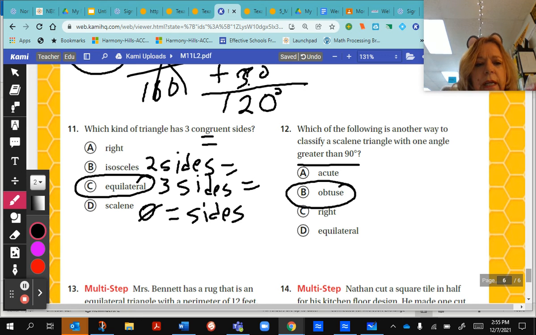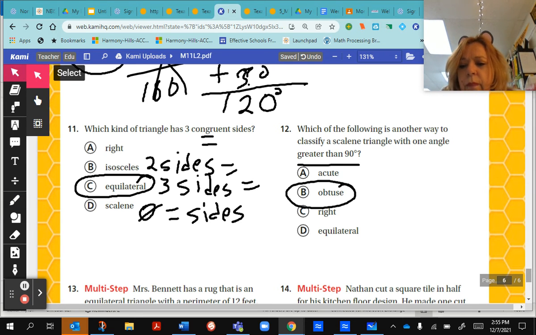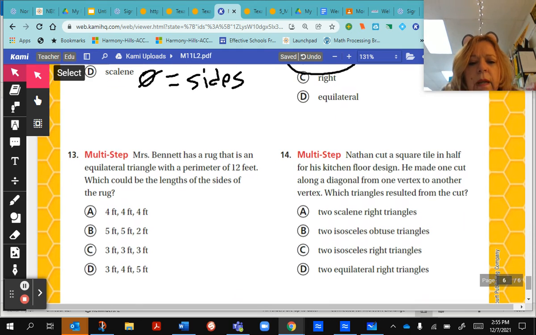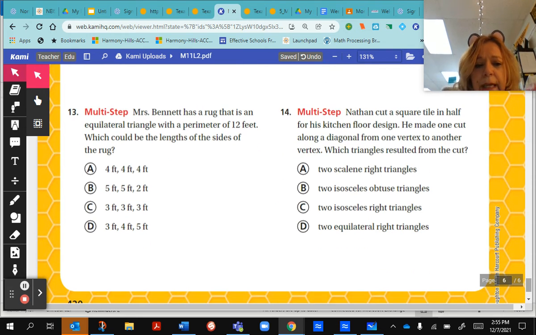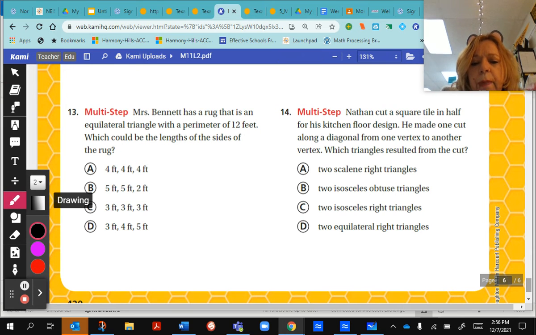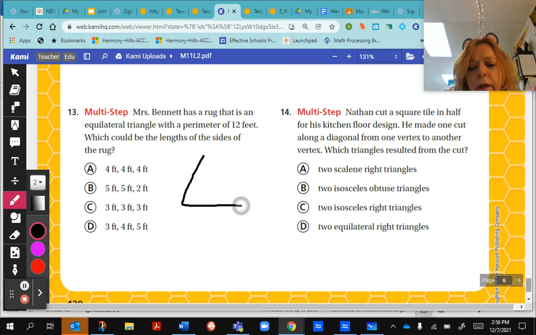And number 13, Mrs. Bennett has a rug that is an equilateral triangle. Remember equilateral? All the sides are equal. So we have equilateral, 3 sides that are equal, with a perimeter of 12. Oh, that's interesting. Remember, the perimeter is adding all the sides.